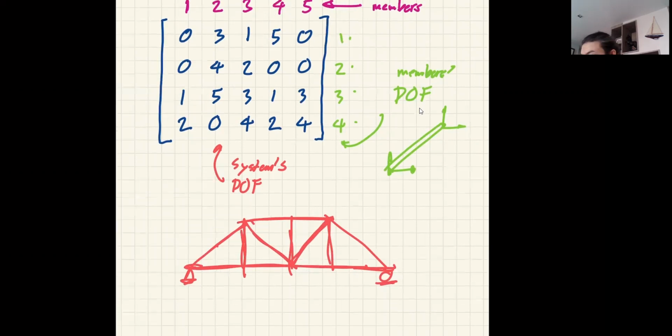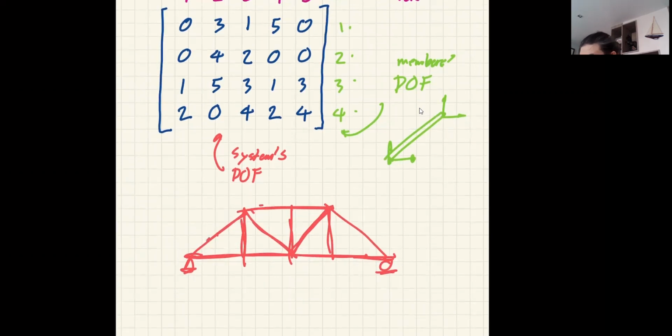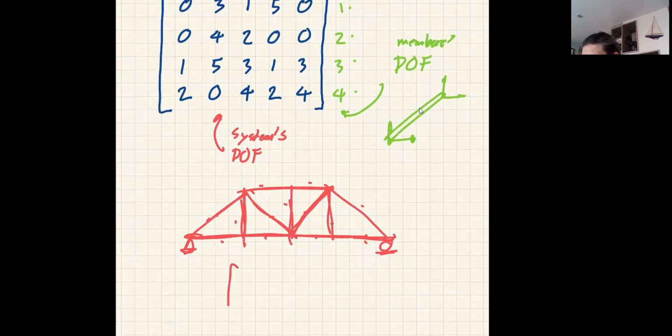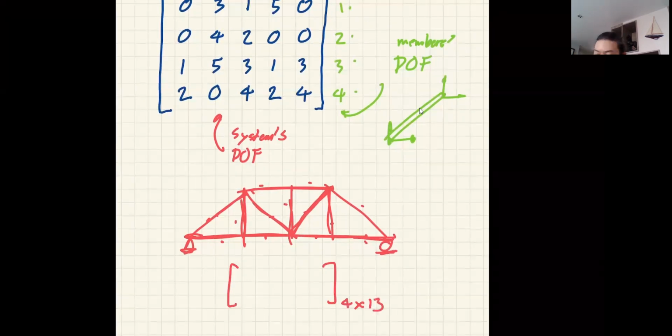But now how many members you have? 1, 2, 3, 4, 5, 6, 7, 8, 9, 10, 11, 12, 13. So you're going to have a 4 by 13 matrix, correct? It's always 4 rows, because each member has 4 degrees of freedom, and then you're going to have 13 columns representing 13 members.